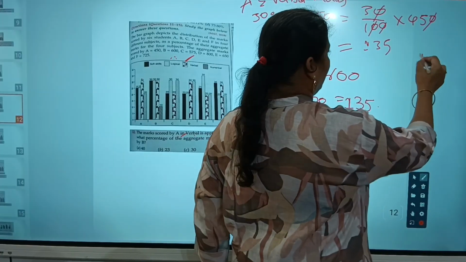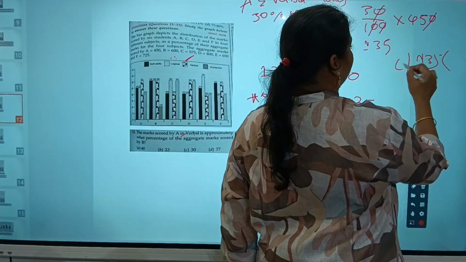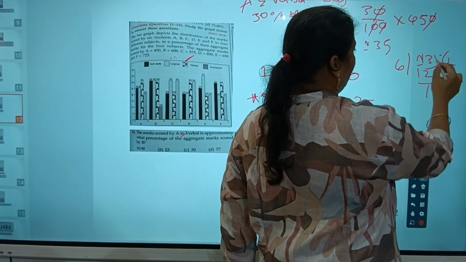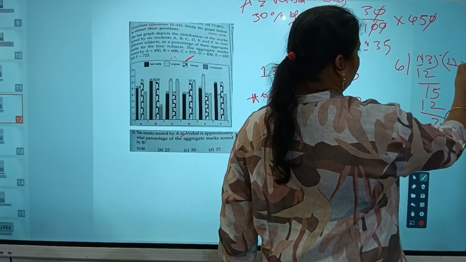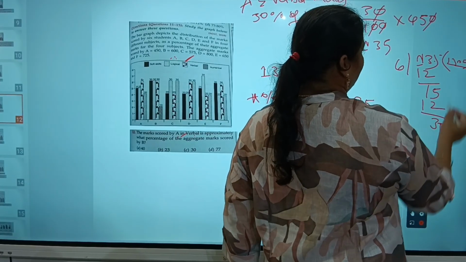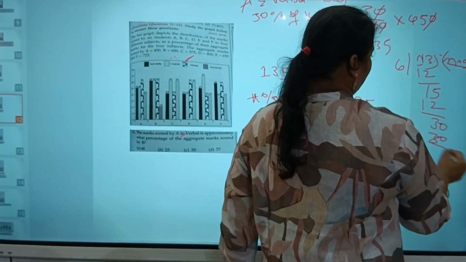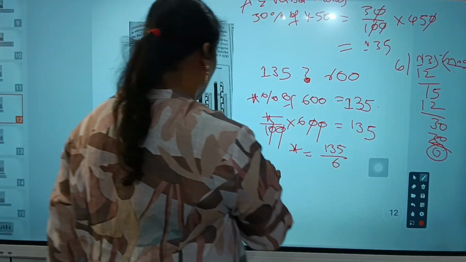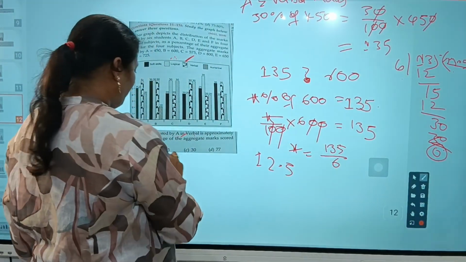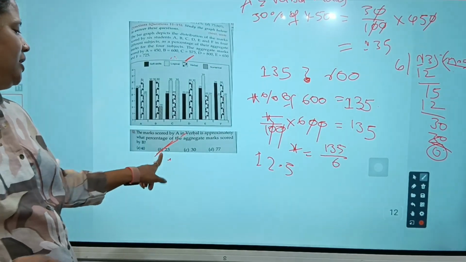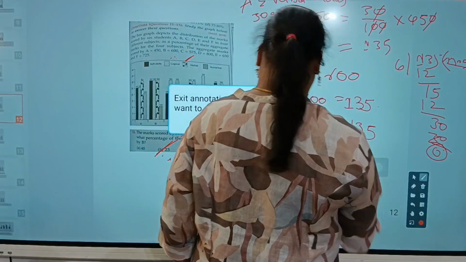So it is 135 divided by 6. 6 2s are 12, 1, 5. 6 2s are 12, 30. 6 5s are 30. So it is 22.5. Means out of these answers, the approximate answer is 23. This you have to select.